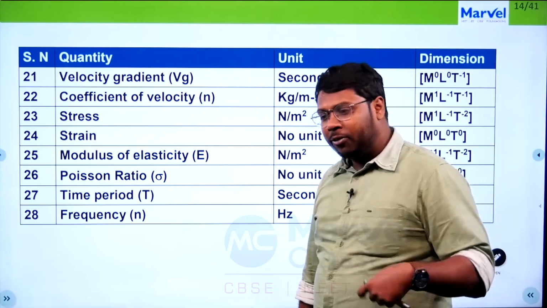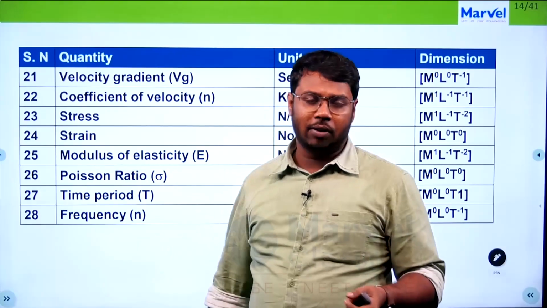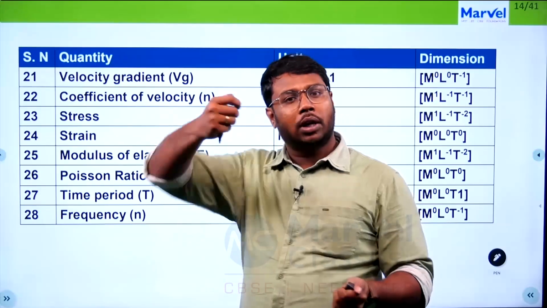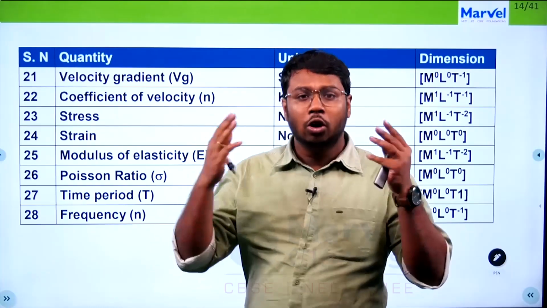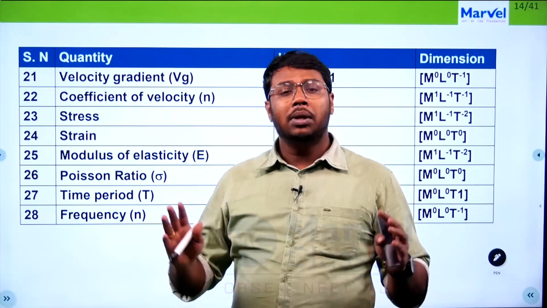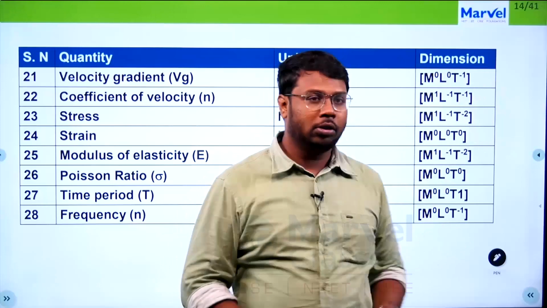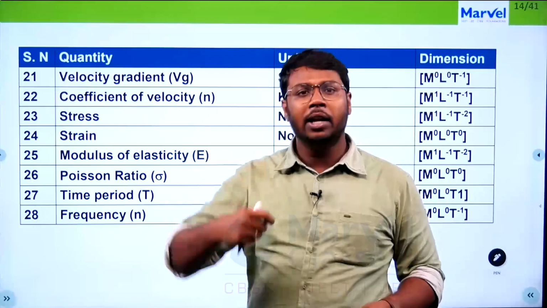So, after going through all the chapters in class 11, I strongly insist you come back to this particular slide to see how the dimensions are being calculated, because it is merely impossible for anybody to remember all the dimensions. You cannot remember them. You can only derive them down.